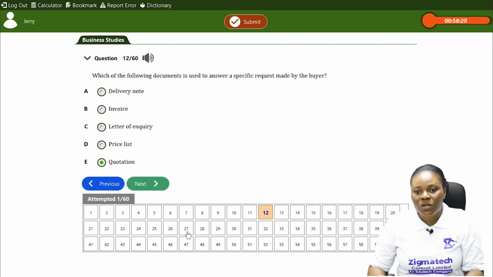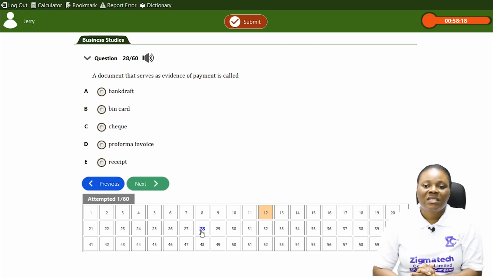The next question says, a document that serves as evidence, or you can also say a proof of payment, is called dash. A, bank draft. B, bin card. C, check. D, pro forma invoice.